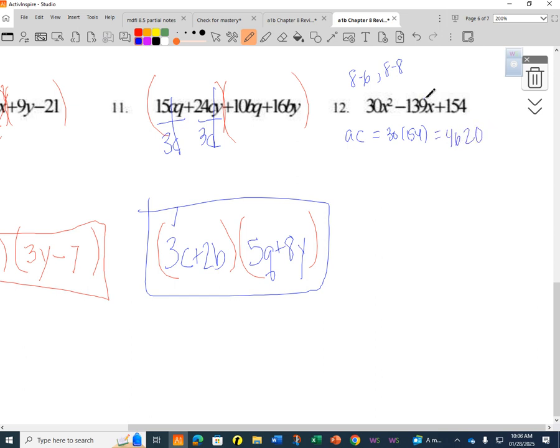This is a plus and this is a minus. So remember, this is where we give ourselves our x. Our product is a positive 4620, but our sum is going to be negative 139.